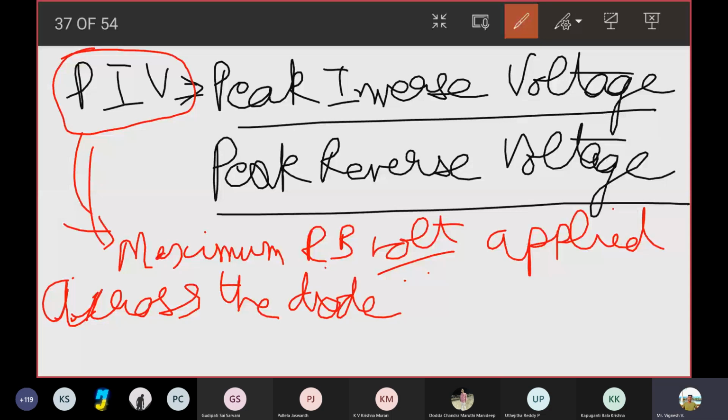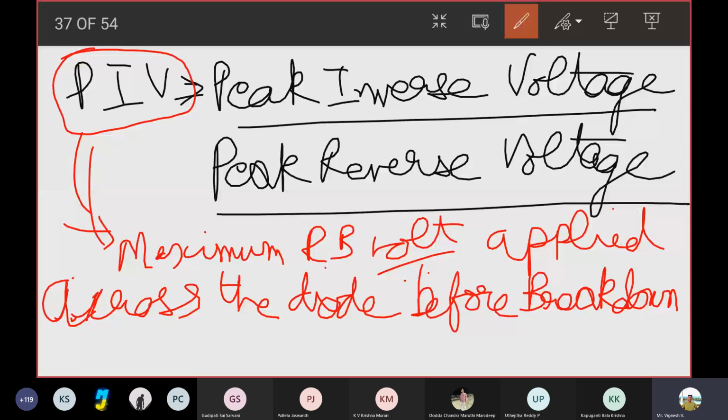It is the maximum reverse bias voltage that can be applied across the diode before entering the breakdown region. The definition itself is quite clear, right? I need not explain what it is. If you look at the definition, there is no rectifier circuit anywhere involved.